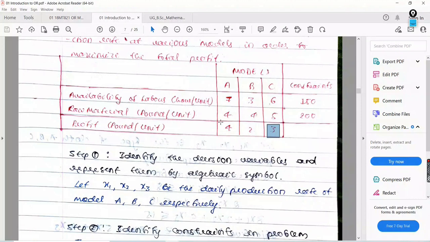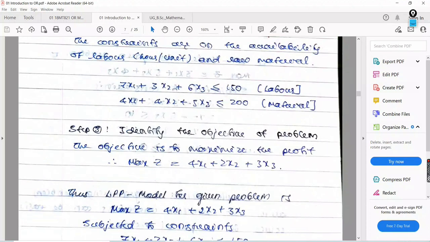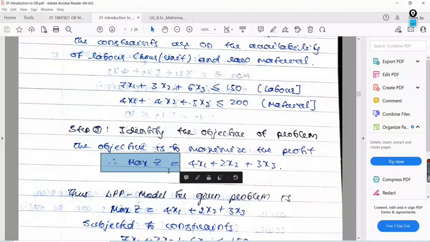This is the profit we can expect from model A, model B and model C. I need to maximize this, so I define Z as the objective function. Max of Z is equal to 4x1 plus 4x2 plus 4x3.